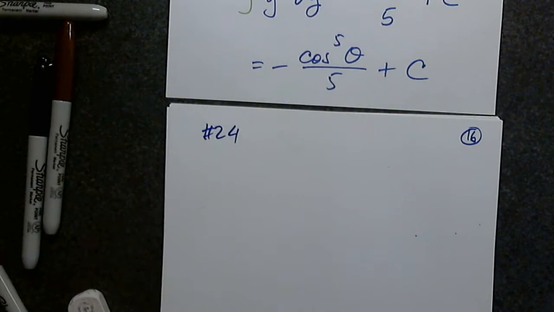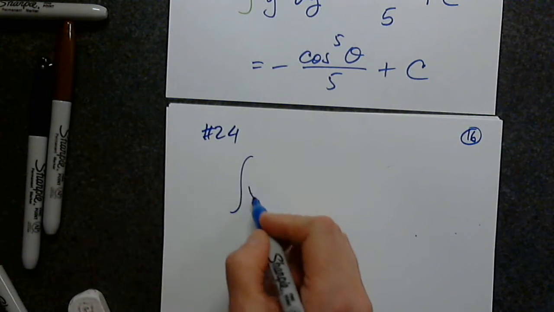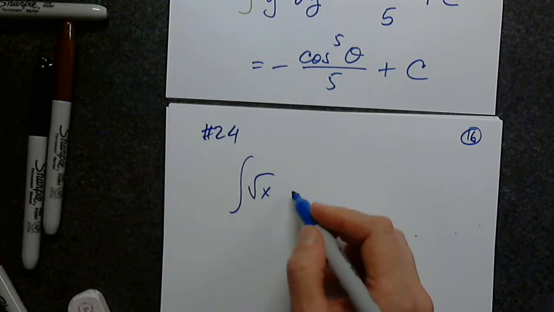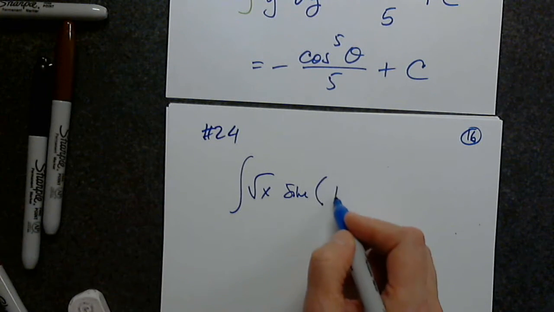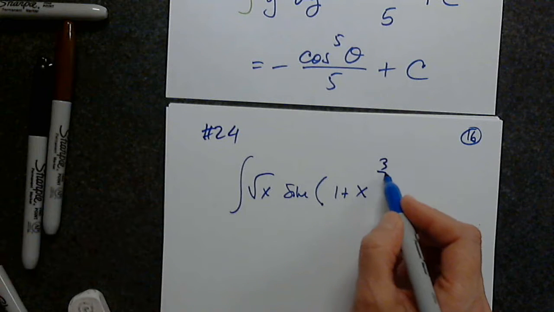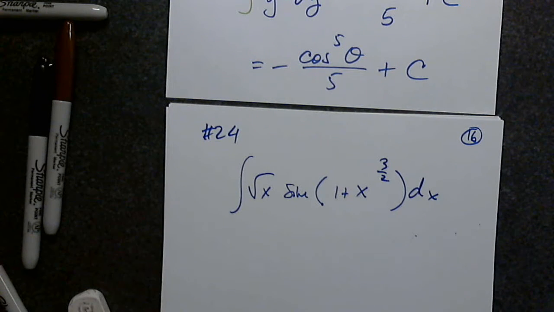24. We have the integral of the square root of x, sine, in parentheses, 1 plus x raised to 3/2 dx. And I think that you're getting the hang of what's happening here and what is the proper substitution.